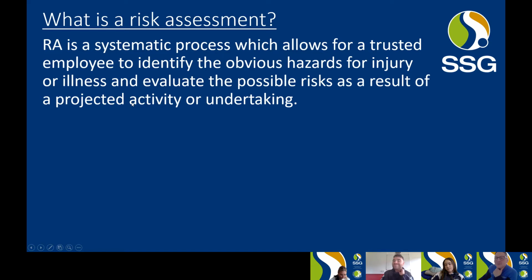So RA is obviously risk assessment. It's systematic. This process is almost a kind of machine process. It happens the same way every time for every element that we do a risk assessment for. There are forms in place. There is a process that you follow, and that's what we do.